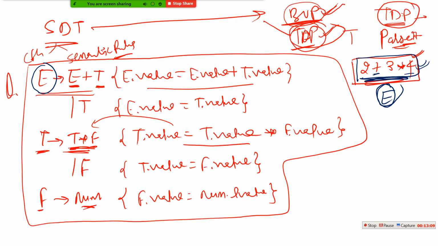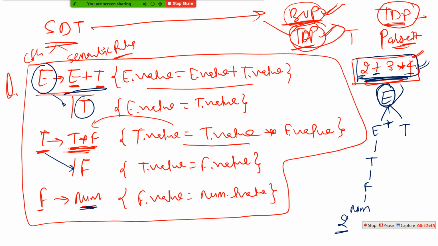Firstly, I have 2 plus 3, so I will generate this transition, E derives E plus T. Now I need to take the value here for E, so I will derive T from this E. This T will derive F, and from F I will take the value of num, and the value of my num here is 2.